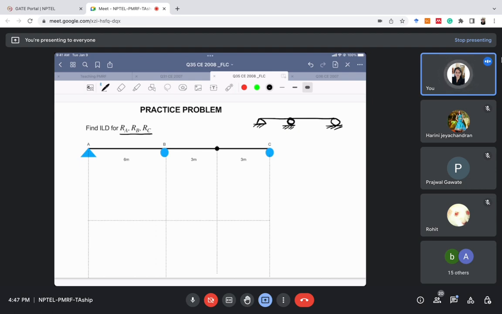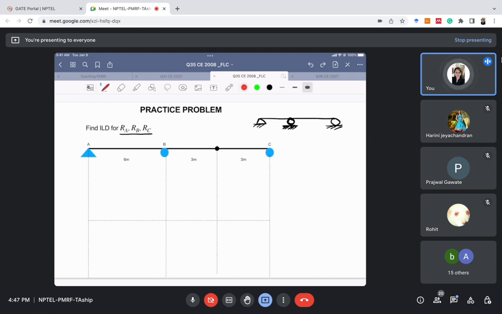So I've added this support, so it has become indeterminate by 1 degree. If I add one more support, it will become indeterminate by 2 degrees, right? Simply supported beam is determinate, and adding one more support makes it indeterminate by 1 degree. Now it is indeterminate by 1 degree.